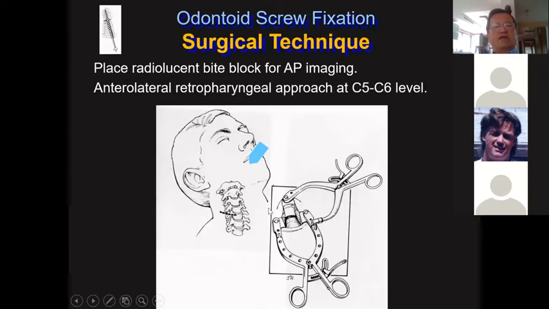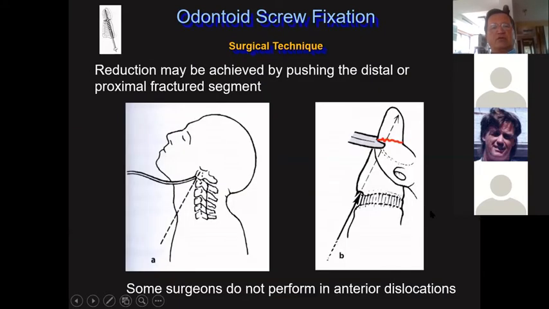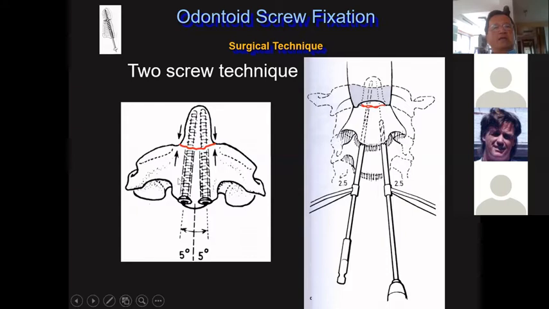Your incision line must be at C5, C6, and you must have a good angulation to reach the C2, 3 disc space and place a K-wire inside. During that period, you must reduce the dislocation if there is some. Some surgeons prefer a 2 screw technique, but I don't use it.